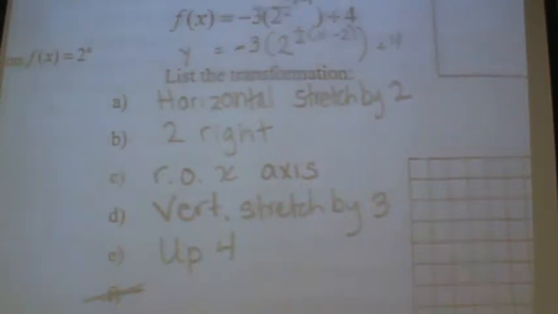Well, start off by giving me 5 good parent function points. I would start with, do I do -1 or -2? -2? And then -1, 0, 1, 2.